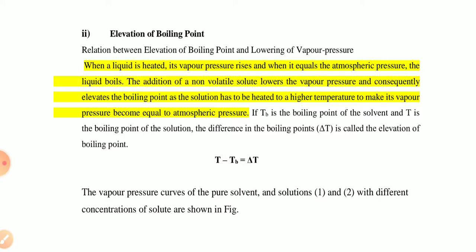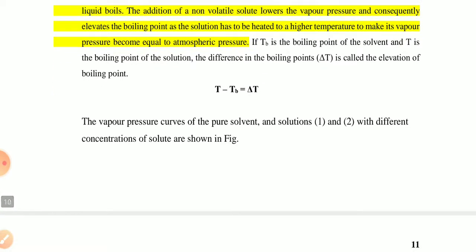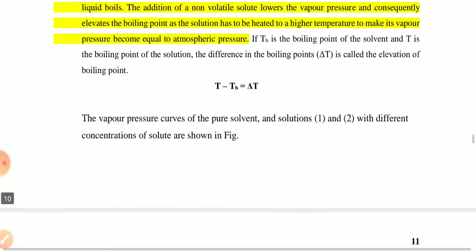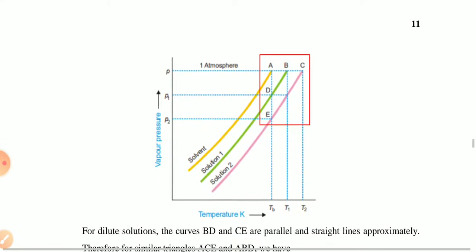The vapor pressure curves of a pure solvent and solutions of different concentrations can be seen in this diagram. This is the pressure-temperature diagram, also known as a PT diagram or a vapor pressure and temperature diagram. Here you can see the temperatures Tb, T1 and T2, and the pressures P, P1 and P2.